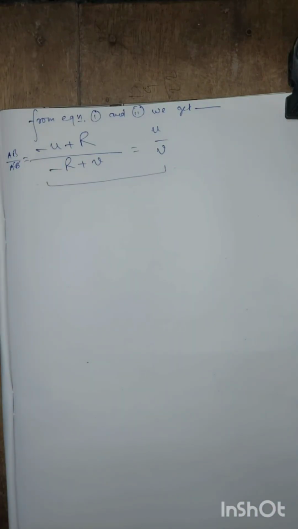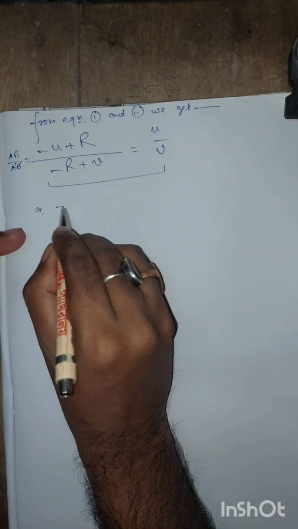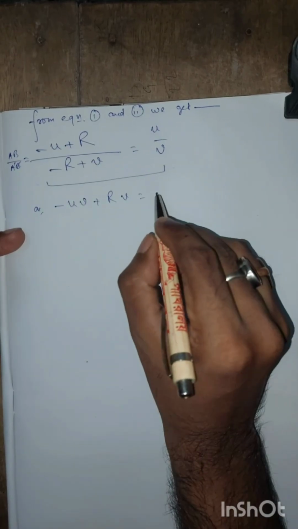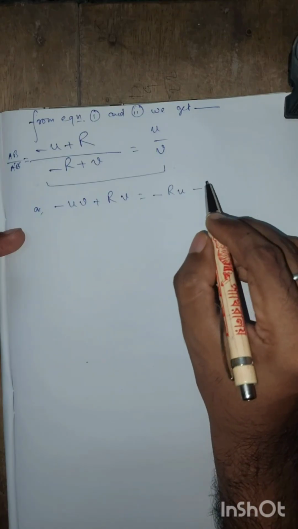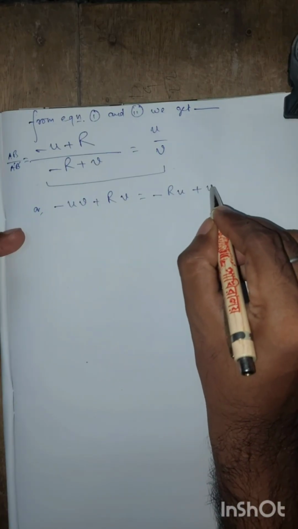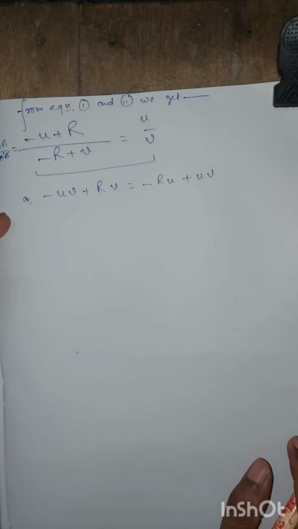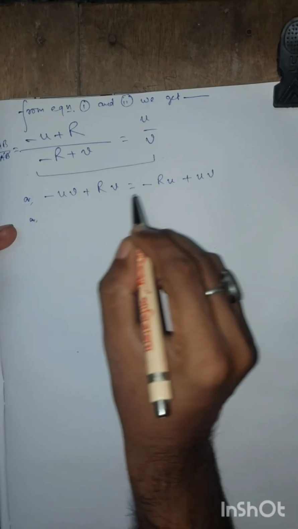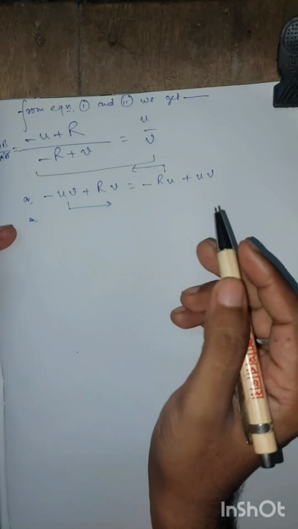Now if we cross multiply, let us take this to the left side and let us take this quantity to the right side.